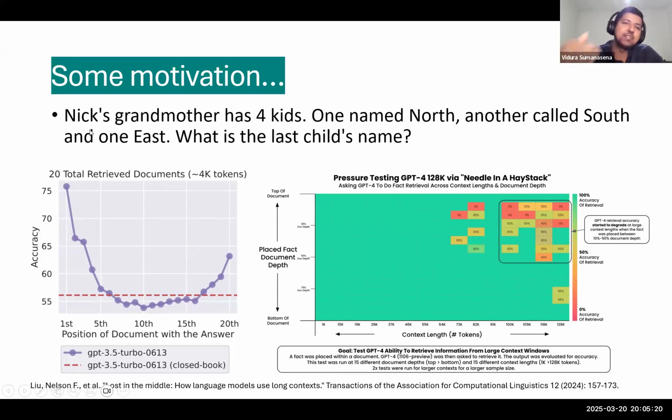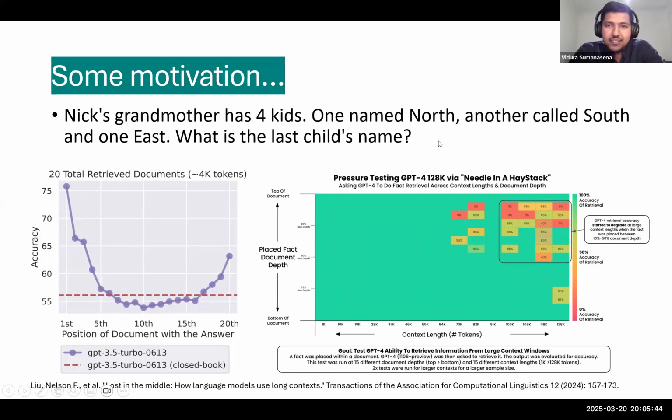Nick's grandmother, that means, let's think Nick is me. My grandmother has 4 kids. That's my mother and a few more of my mother's siblings. One named North, another named South, and one named East. So what is the last child's name? What do you think of the answer?